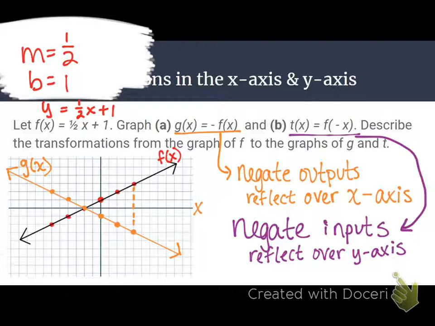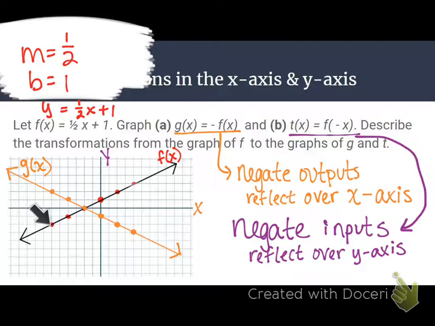So we go back to our parent function, and this time, instead of asking how many units we are to get to the x-axis, we're thinking about how many units we are to get to the y-axis. So the y-axis is the one that goes up and down. Let's this time start down here on the left side.